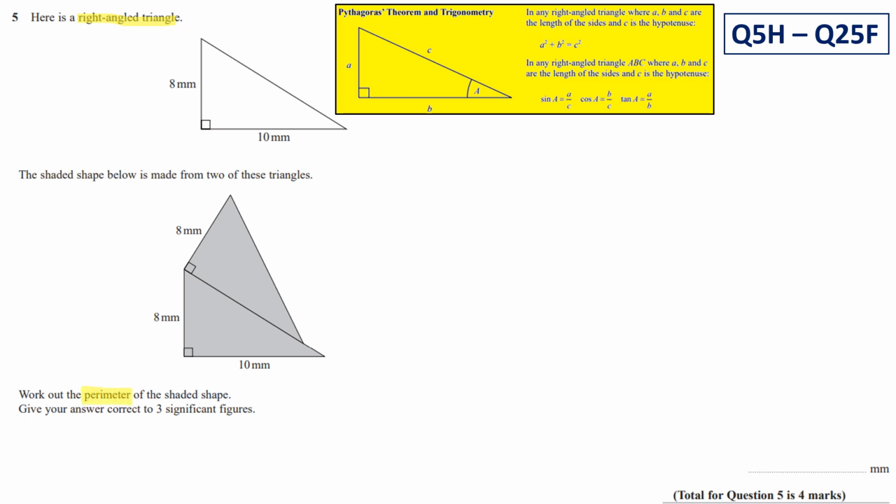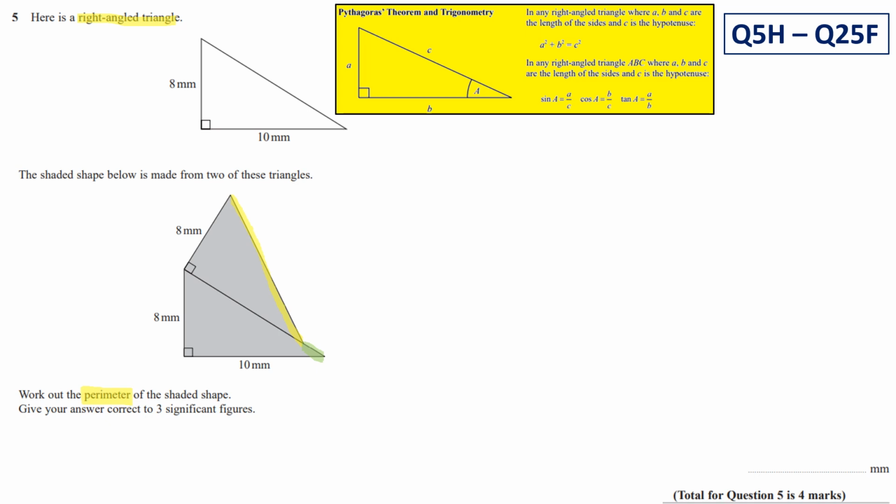So in looking at the shaded shape, there are 2 measurements that I don't know. First, being this diagonal line there that I've just highlighted in yellow, and second being just this extra little section here in order to work out the perimeter.